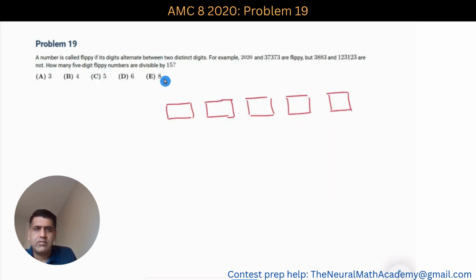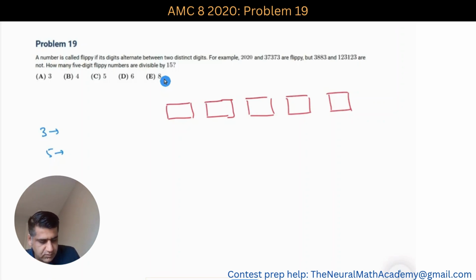For a number to be divisible by 15, it has to be divisible by 3 and 5. So if we recall, for a number to be divisible by 3, the sum of all the digits should be divisible by 3, and for 5, if a number is divisible, then it should end in 0 or 5.